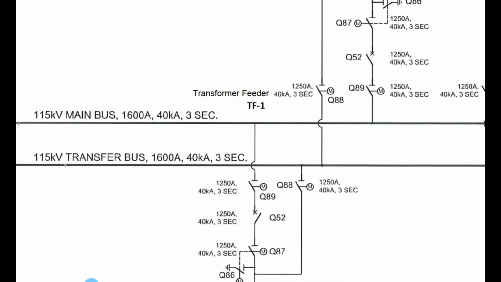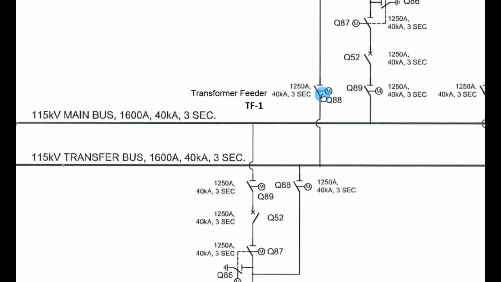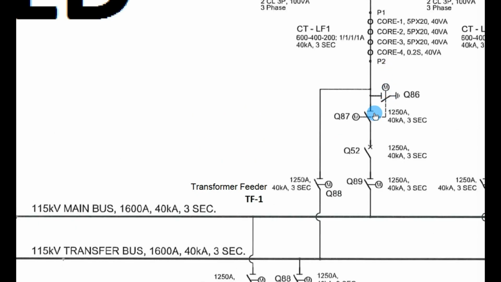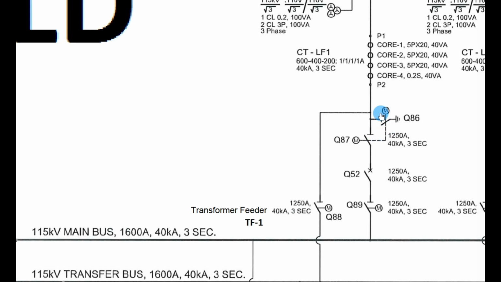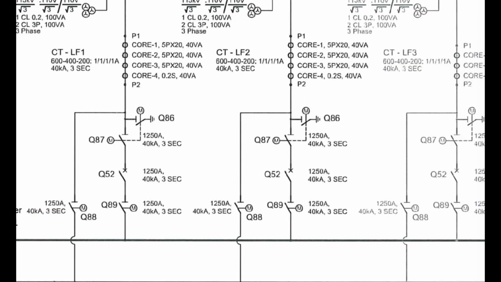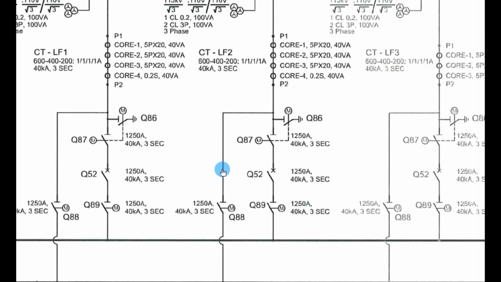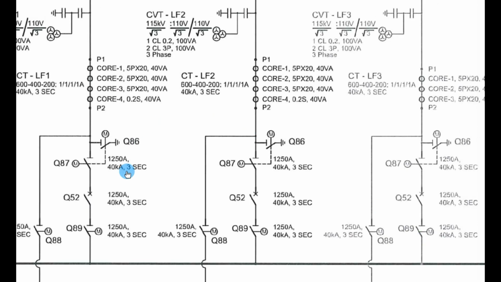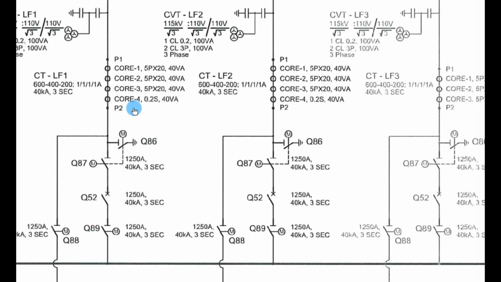After this Q89, we have a breaker and another isolator which is linked with an earth switch. This structure will be the same for all incoming and outgoing lines, and we have a 4 core CT for this incoming and this outgoing. In this we have 1 metering and 3 protection, the same for these 2 lines.